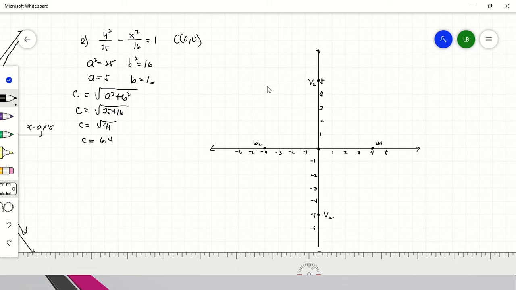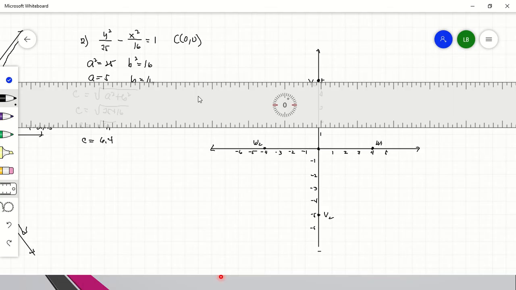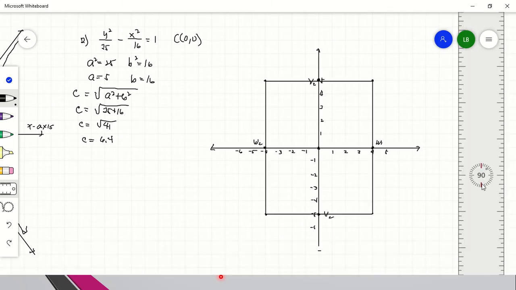So, mag-drawing tayo ng rectangle dito. Then, tatapatan lang natin yon dito sa ito. Ayan. So, drawing na tayo. So, yan yung auxiliary rectangle natin.